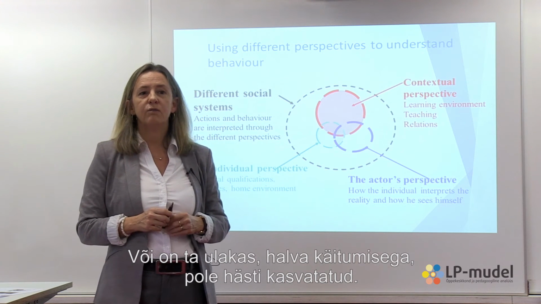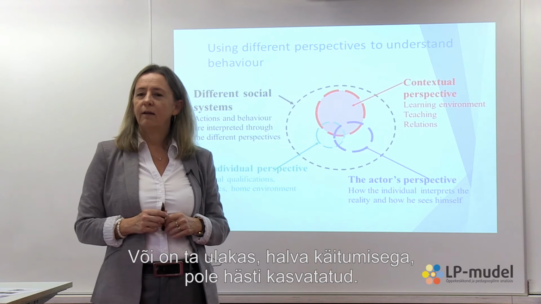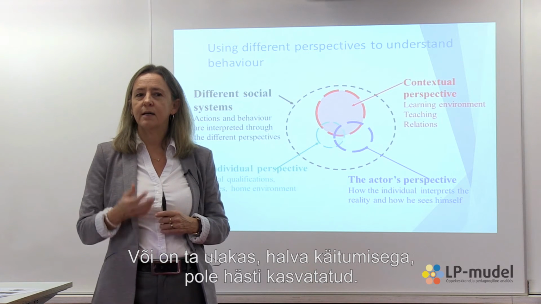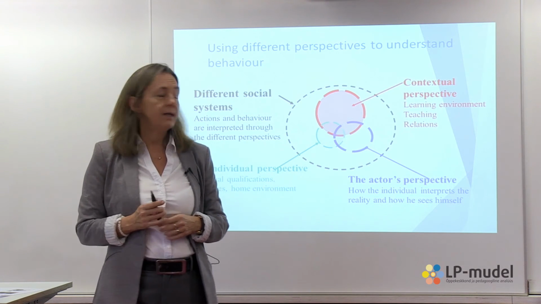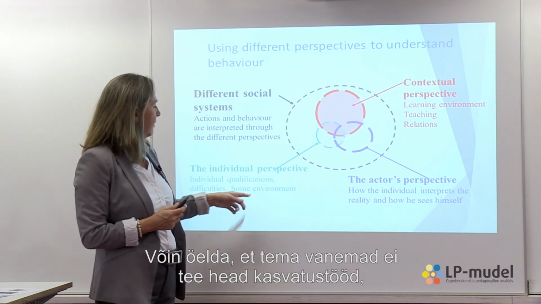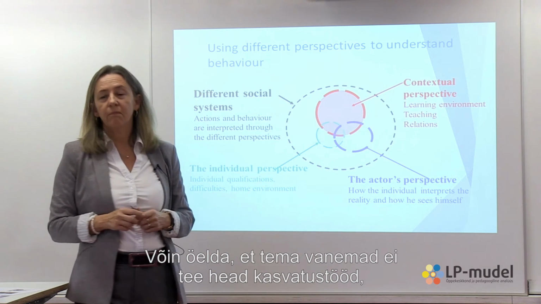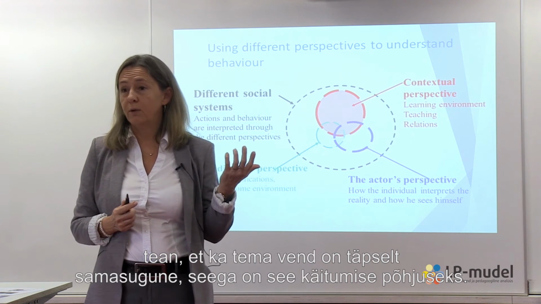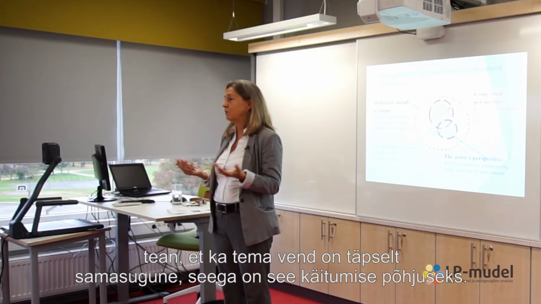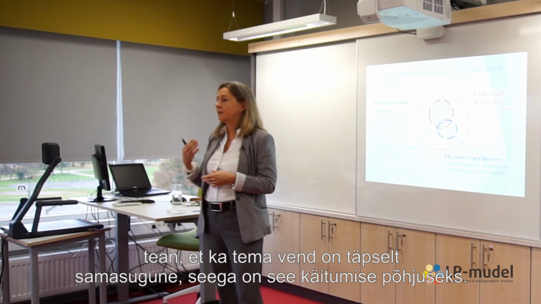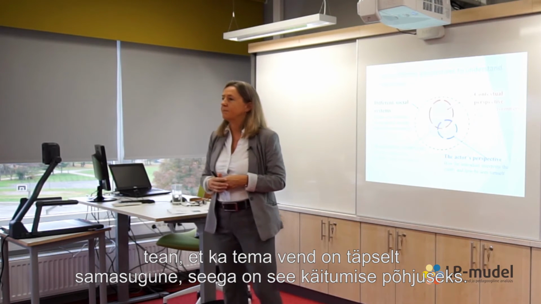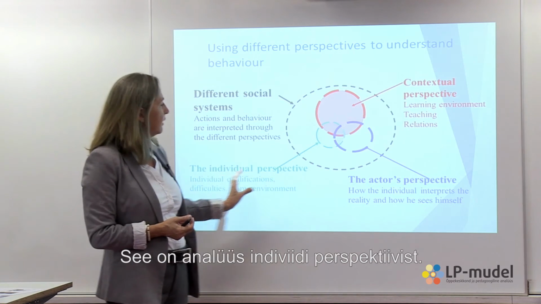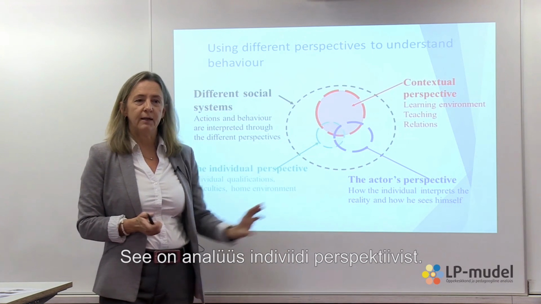Or he is really very naughty and misbehaved. He has not been brought up well. I can say that his parents are not very good at bringing up children, and I also know his brother. He's exactly the same. So this is why he behaves like this. This is to analyze it from the individual perspective.